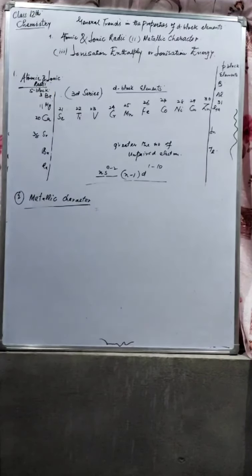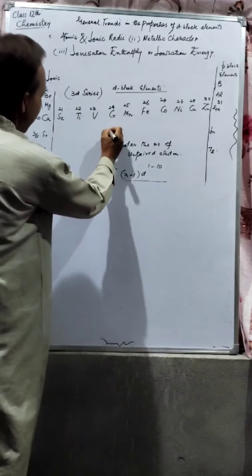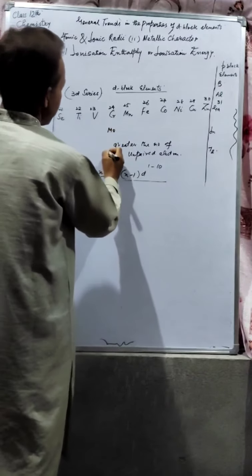This is why we have chromium, molybdenum and tungsten.